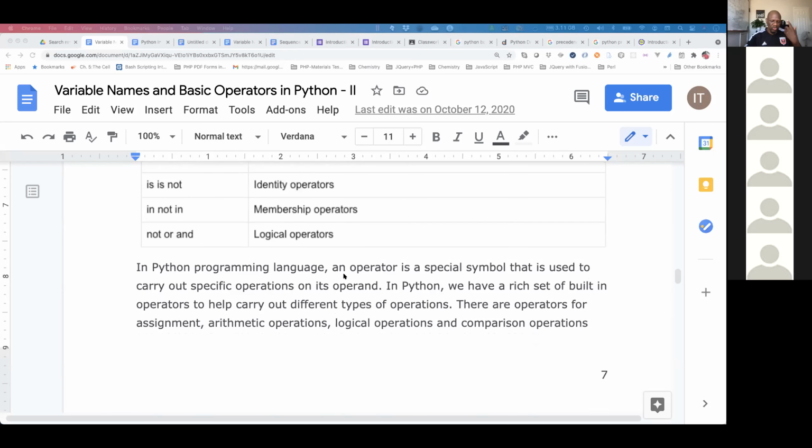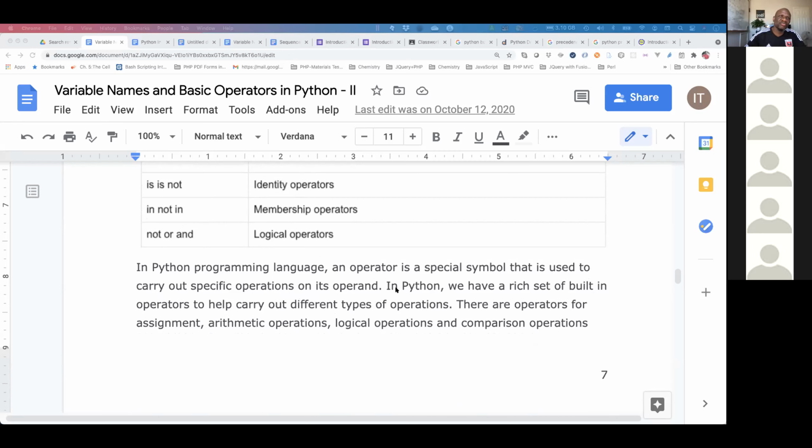So in the Python programming language, an operator is a special symbol that is used to carry out a specific operation on its operand. Remember what Lucy said, operand. We have the operator, the plus sign, and the operands, the 3 and the 2. In Python, we have a rich set of built-in operators to help carry out different types of operations.